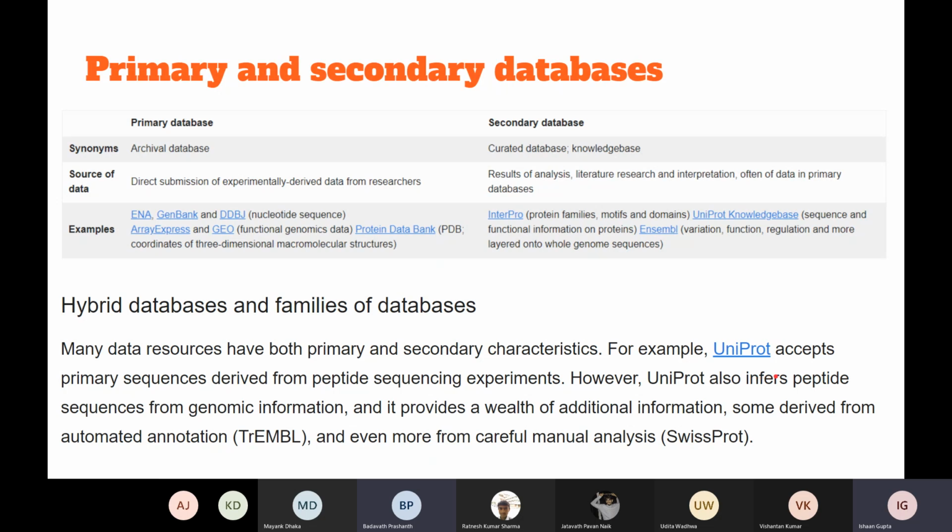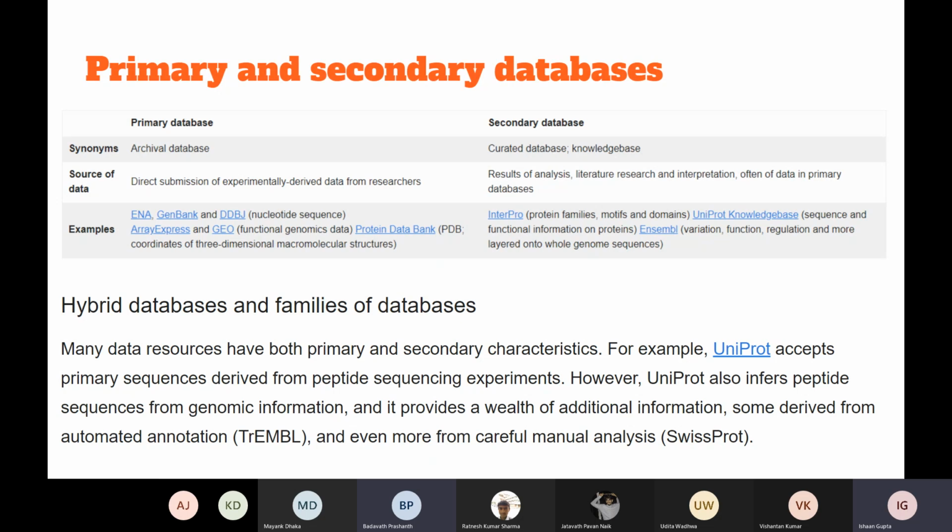So for example, UniProt accepts primary sequences derived from peptide sequencing experiments, so basically protein sequencing experiments, but UniProt also infers peptide sequences from genomic information. So for example, if you were to give a gene's sequence, then automatically using algorithms, it's going to find the open reading frame in that gene sequence and the corresponding peptide sequence.